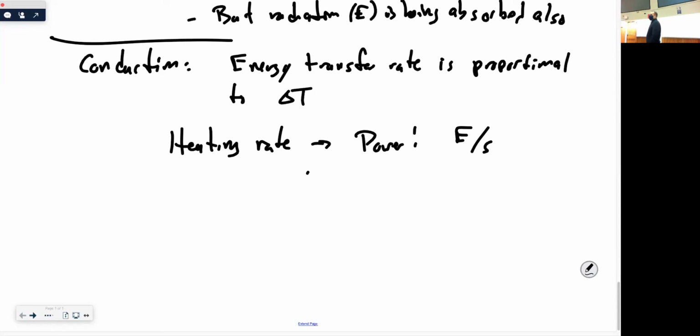We measure that in watts, energy per second. Okay, so there's an equation. You ready? Here we go. This is now power, P power, not P momentum or P pressure. What other powers? Pressure, I think there's even one more P we've seen this semester.